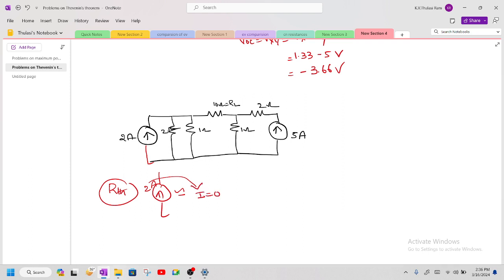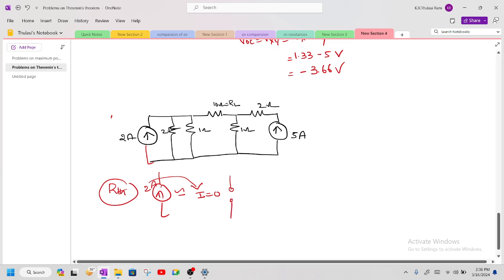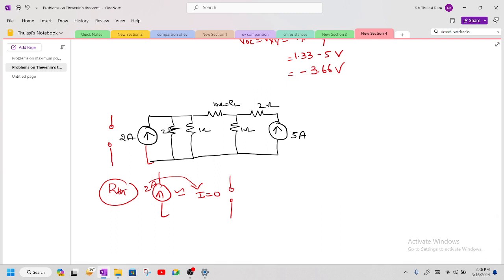How to make the current 0? We definitely have to perform an open circuit. So for this source, you perform an open circuit. And also here you have one more current source. For this source also you replace the current source with an open circuit. So when you draw this resultant, you are going to get it like this.